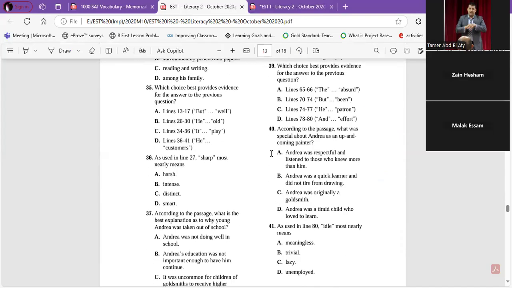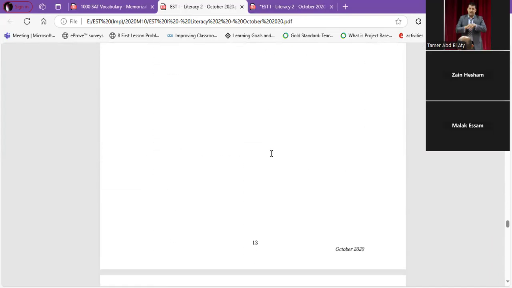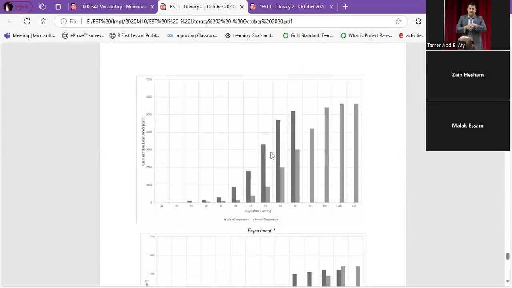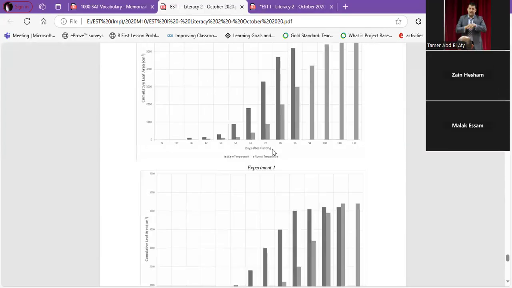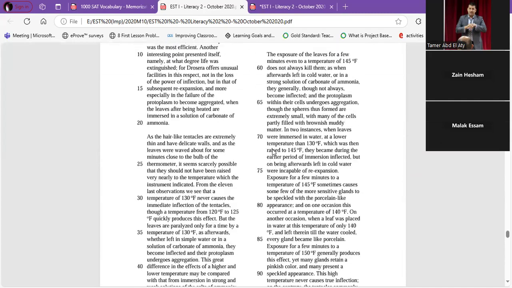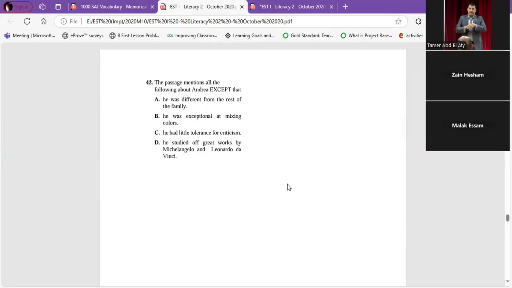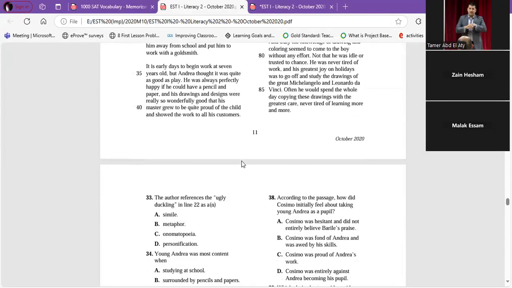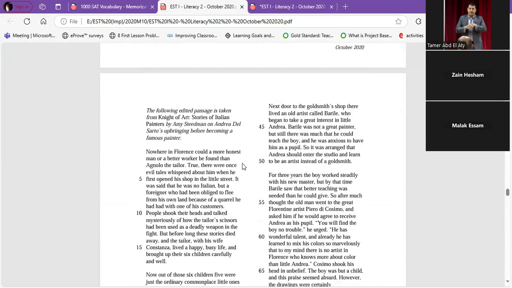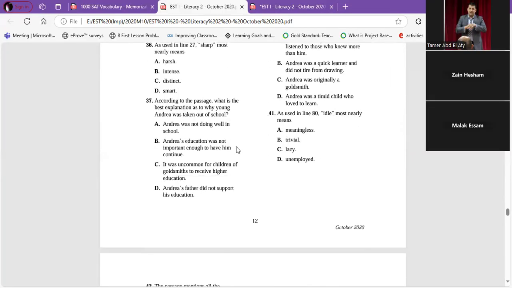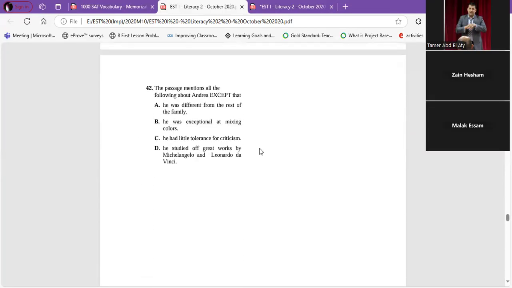Now it's your turn to solve. I think that's the last passage, though, right? Yes, I guess. Okay. You're going to solve the last passage. But we didn't solve this one. I'm sorry. So start now solving from 33 till 42.